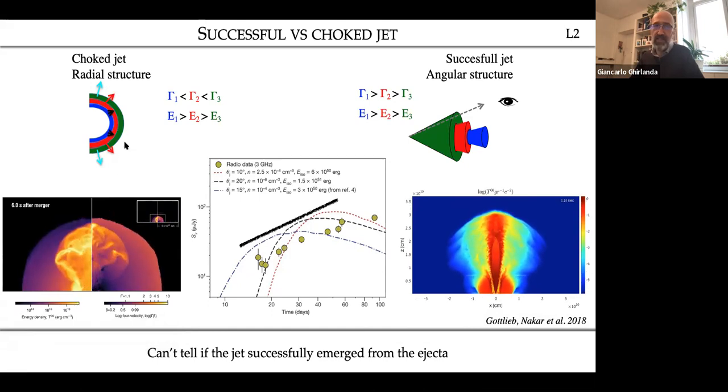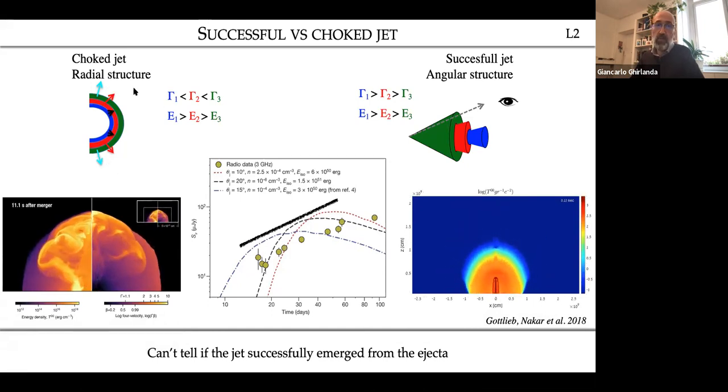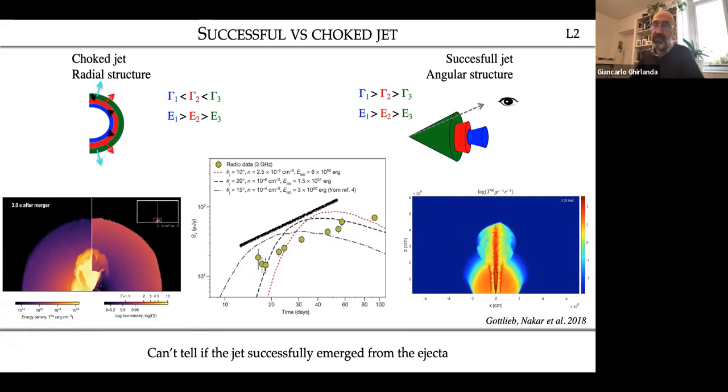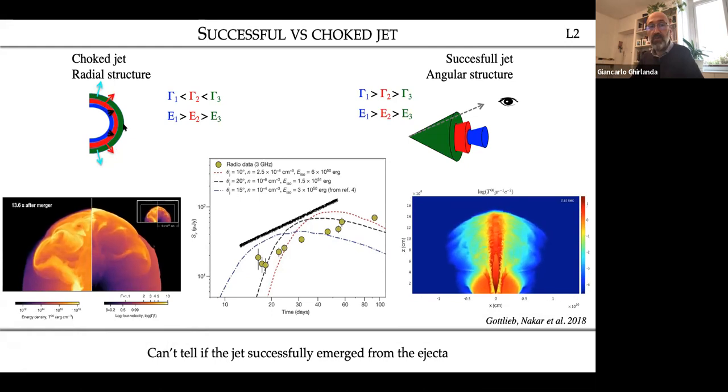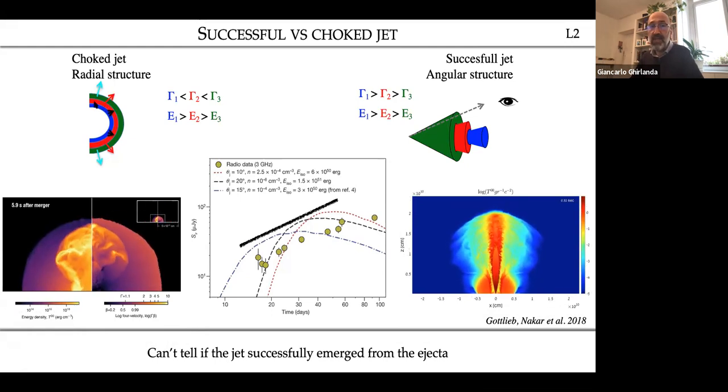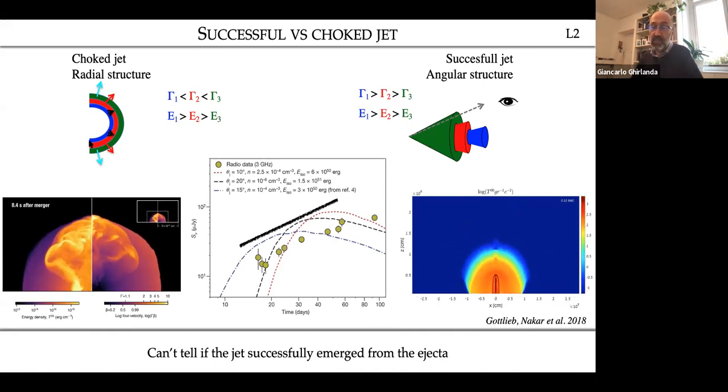This can be thought of as a kind of stratification like this, where you have the front part of the ejecta, which is loaded with less energy but is faster, and the rear part, which is more energetic and traveling at a lower relativistic speed.